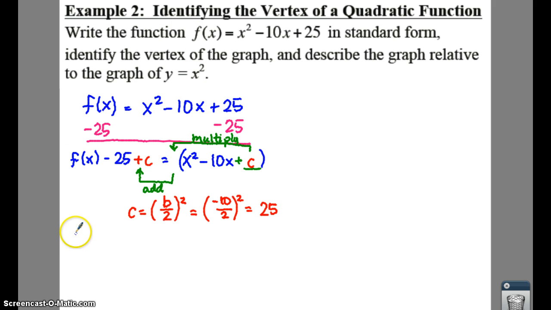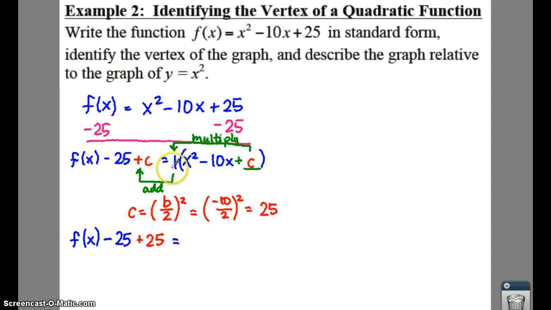So our next step in our work here, we're going to have f of x minus 25, and then we're going to add c. So we're going to add 25 here. That's going to be equal to, there's a 1 out front here. Sorry, I shouldn't have been so careless. You're adding a 25 here, and you multiply 25 times 1. 25 times 1 gives you a 25, which you're going to add over here.